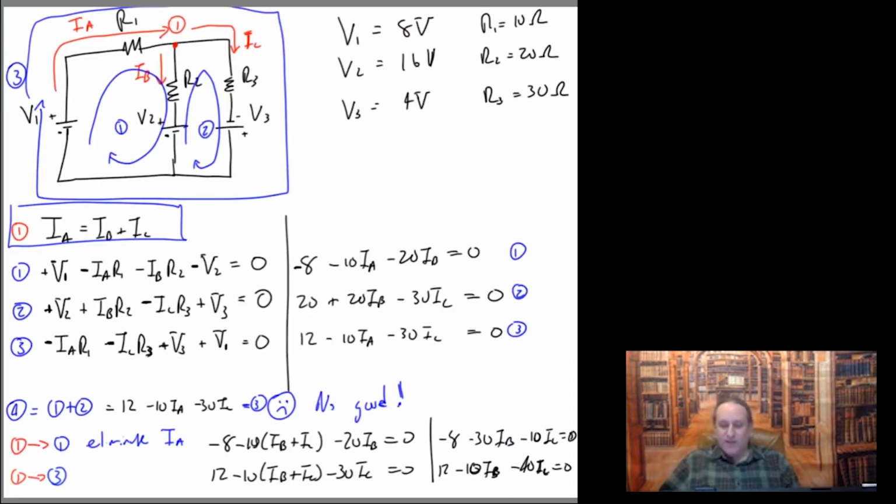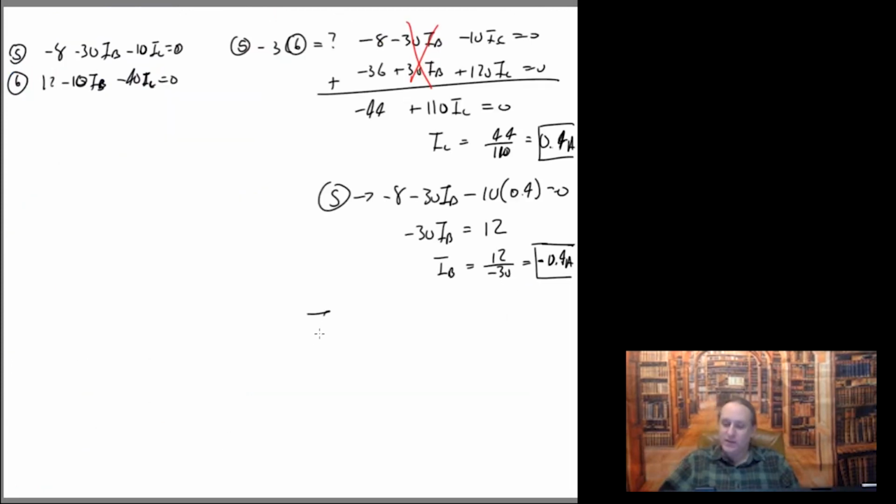Okay, and then finally we want to find IA, which is IB plus IC. That is -0.4 plus 0.4, which is 0.